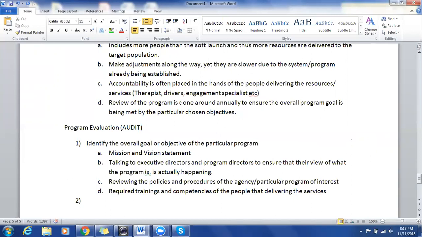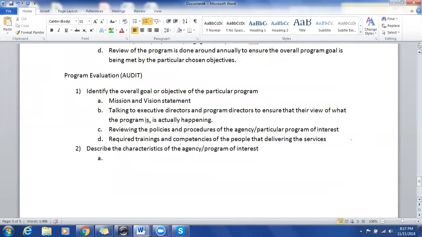So number 2, this is where we actually just describe the characteristics of the agency / program of interest. And what's this going to look like? It's more or less just going to be looking at the clients being served by the agency to help us guide which people we need to actually look at and talk to.